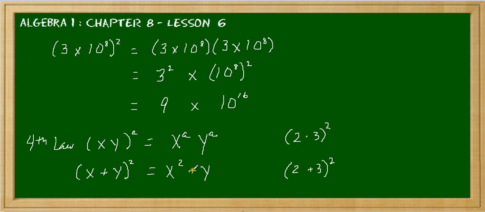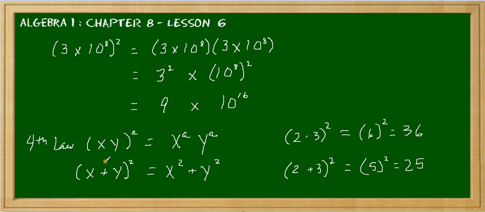It's trying to follow the same pattern here. Let's say we have 5 squared, and that would be 25, right? Now over here we would have 6 squared, and that would be 36, okay?